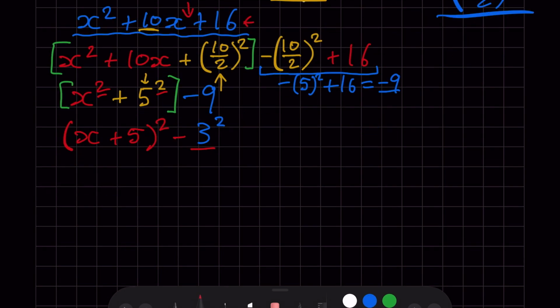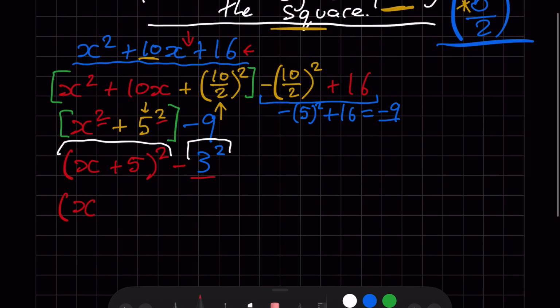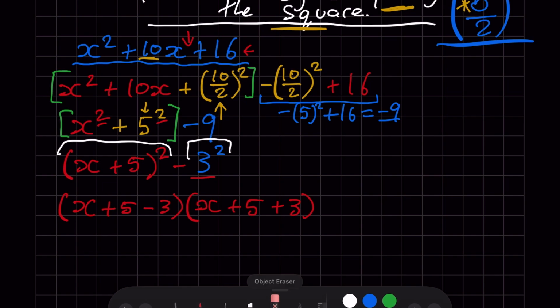Our next step is to take this. We've got a square here. So we got this bit here that's got a square, and we've got this bit here that's got a square. We have a minus there, which means we have got the difference of 2 squares. This becomes x plus 5 minus 3 in one bracket, and x plus 5 plus 3 in the other bracket.